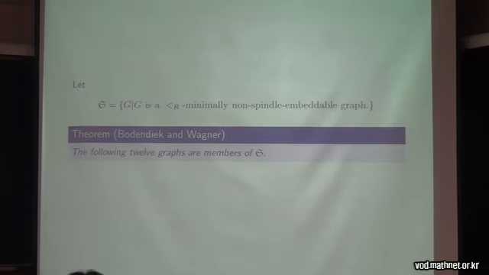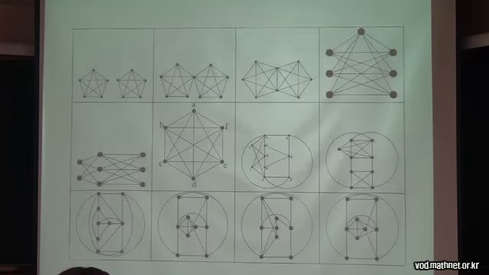Let S be, this is German letter S, the class of minimal not spindle embeddable graphs in this relation, and they find 12 graphs in this class S. So direct sum of K5, and 2 sum of K5, and one vertex is joined to K3,3, and this is actually K3,5 and K6, and these 6 are new graphs.